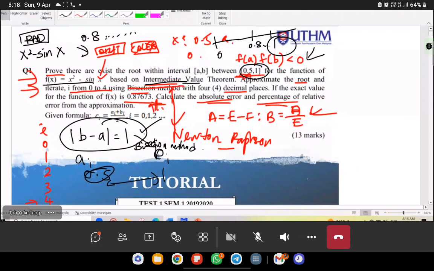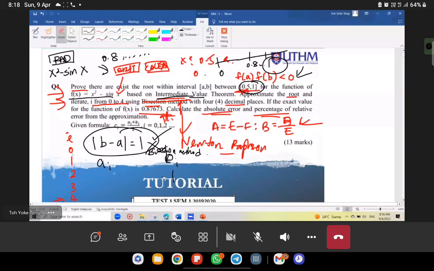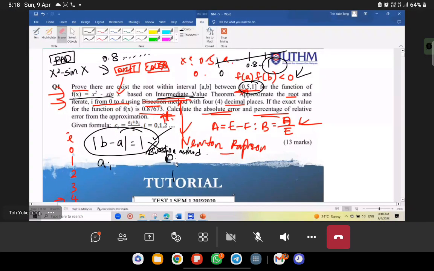If it is not mentioned, you may just use 0.5 to 1. For sure, the shorter the starting interval, the fewer iterations you need to obtain the approximate solution.